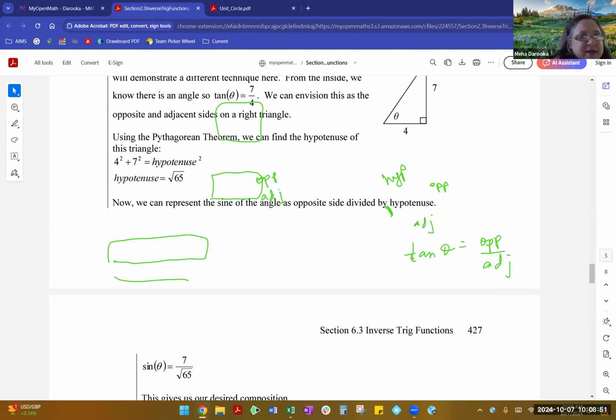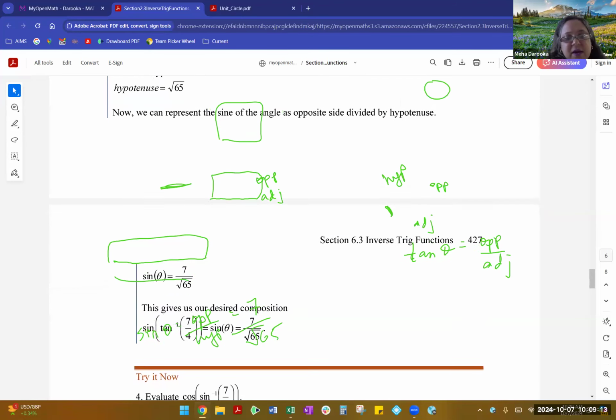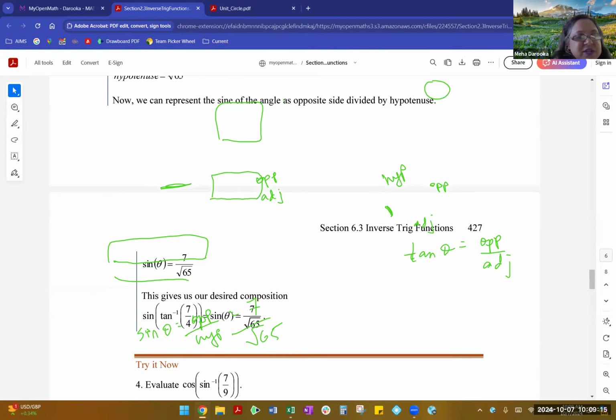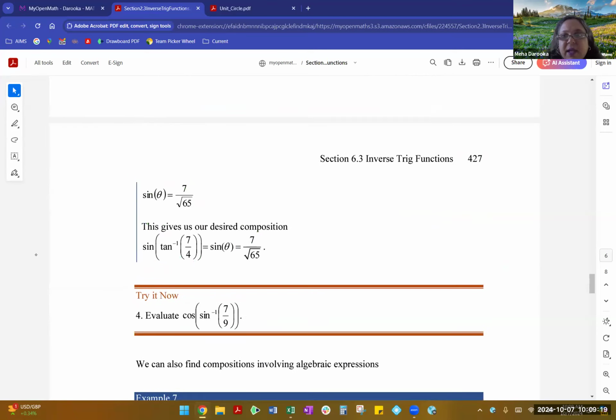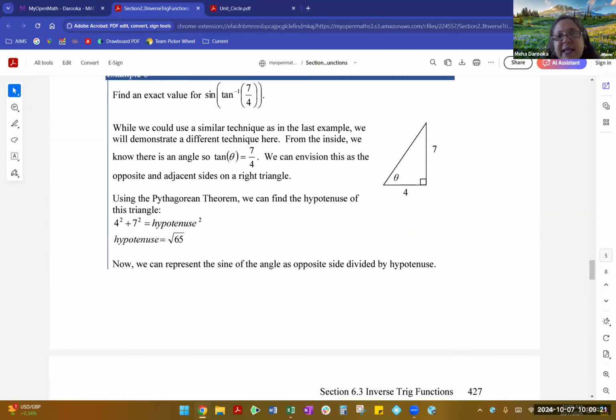Remember, sine of theta is defined as opposite over hypotenuse. We know the opposite side is 7, and the hypotenuse, as we just saw, comes out to be square root of 65. So 7 over square root of 65 is what our answer comes out to be. So just two different techniques over here.